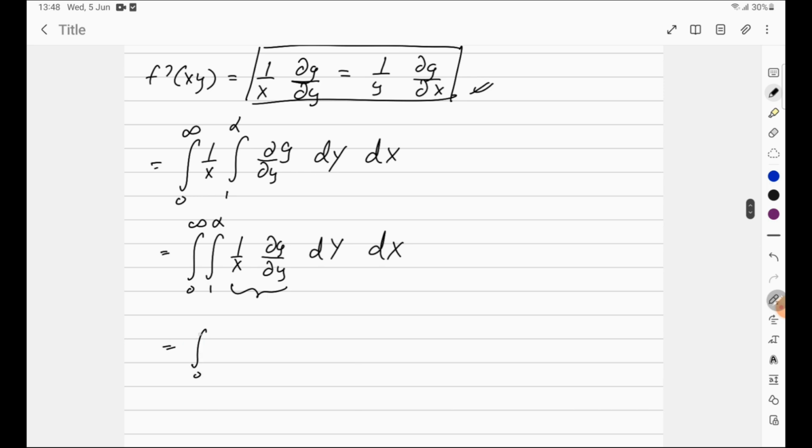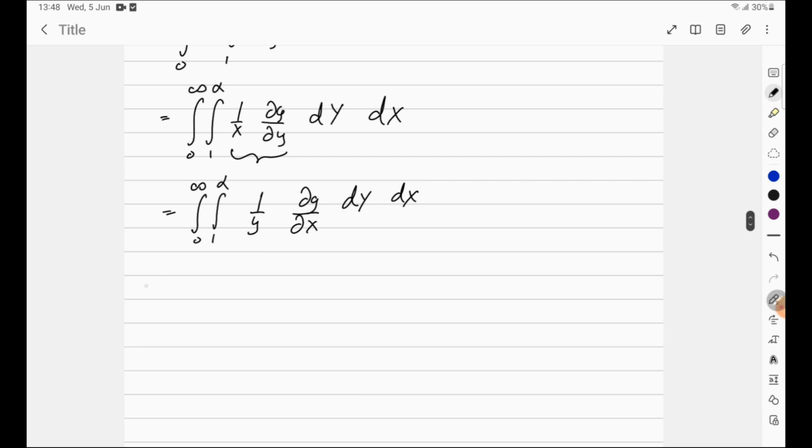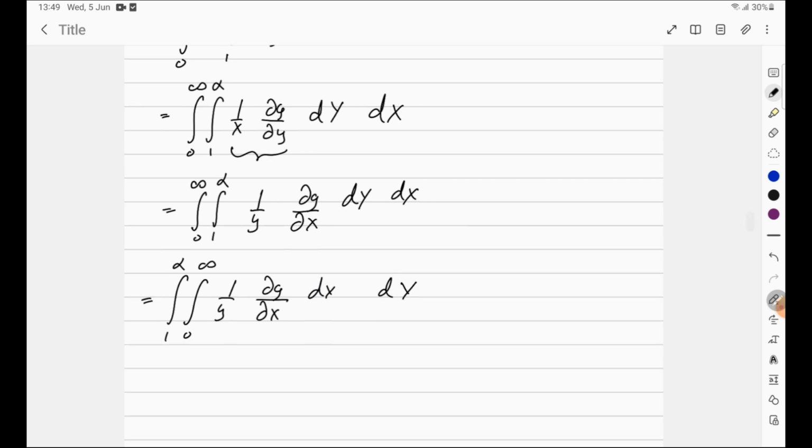So that becomes 0 to infinity, 1 to alpha, 1 over y del g over del x dy dx. And now if I switch the order of integration, we get 1 to alpha, 0 to infinity, 1 over y del g over del x dx dy.